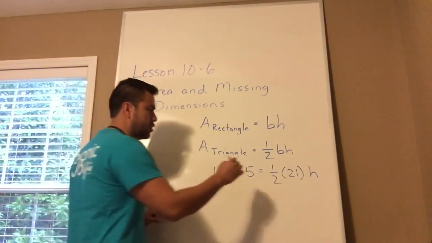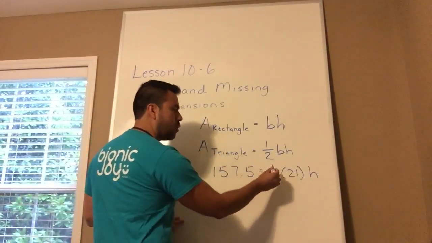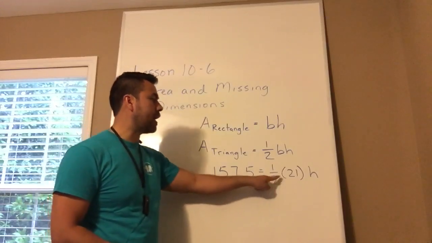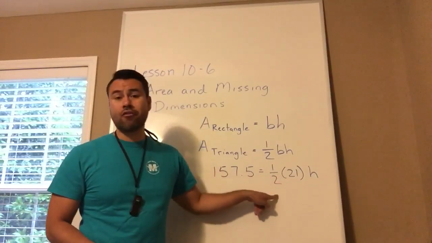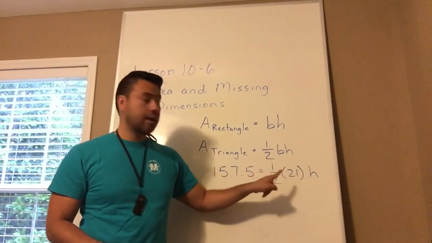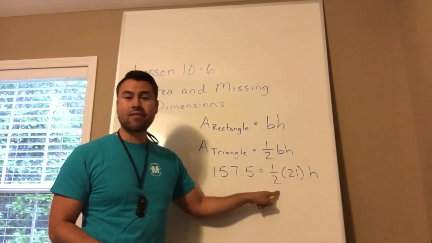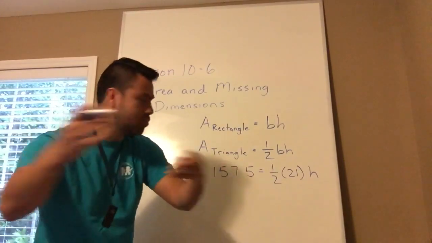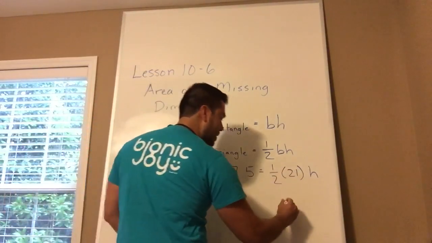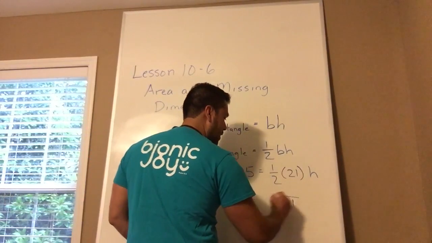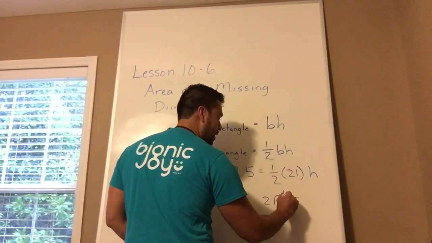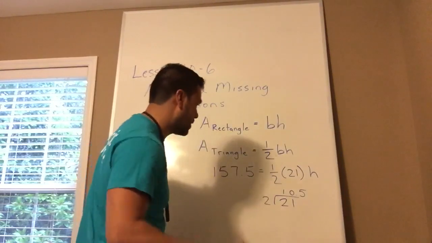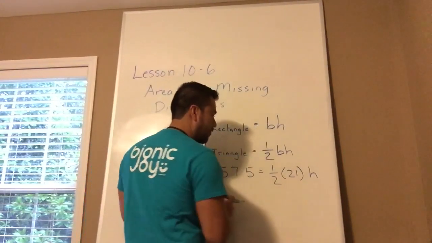Most of you are going to do what's 1/2 times 21. And you're like, well, how do I do 1/2 times 21? You can make it a fraction problem, or 21 times 1/2 is the same thing as 21 divided by 2. So 21 divided by 2, I'll do that work real quick. That's 10.5.